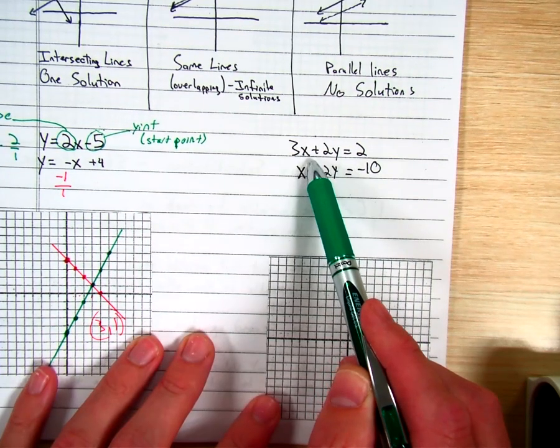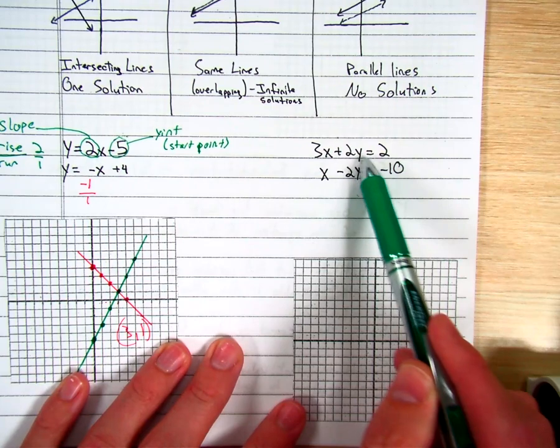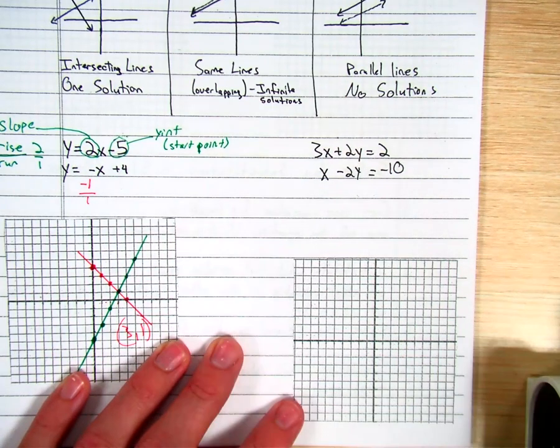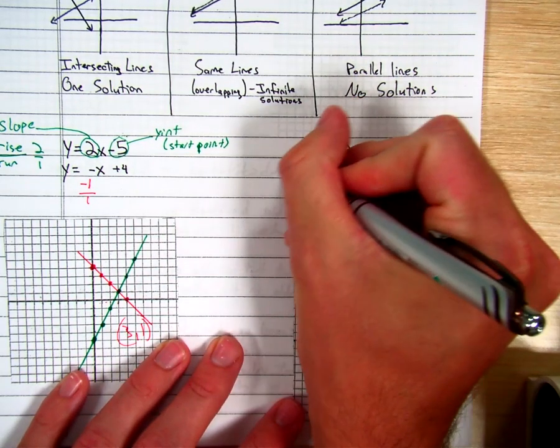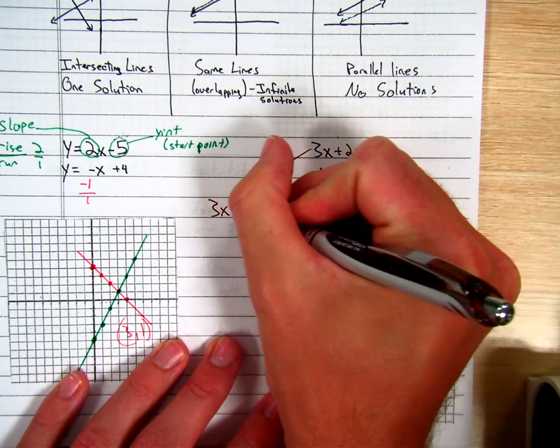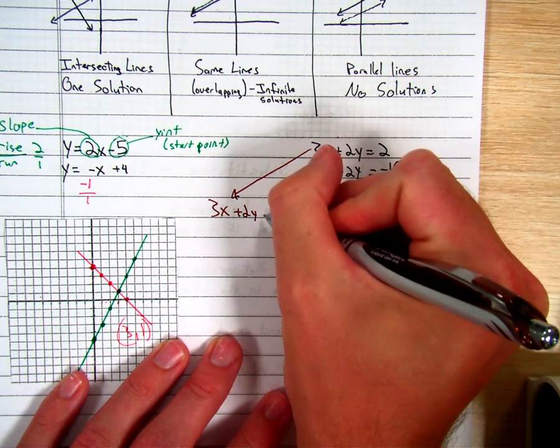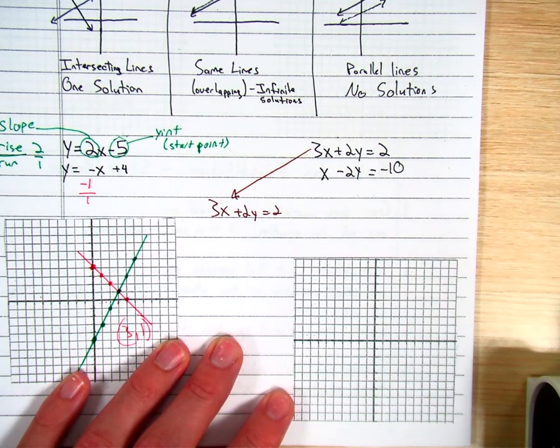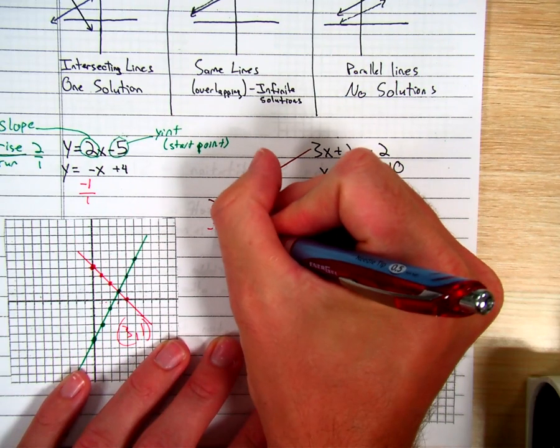Sometimes it's not going to give it to you set up so nice. You might have to do a little bit of work. I'm going to slide this over so I have room underneath to work. Okay, it's the beginning of the year. Let's show all of our work. We don't want to be making silly mistakes.